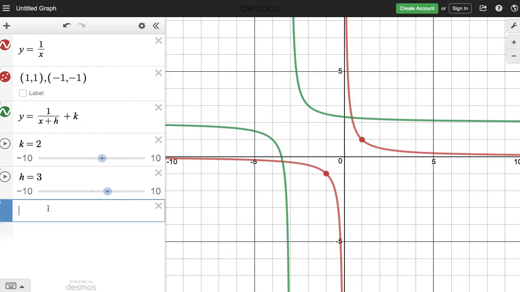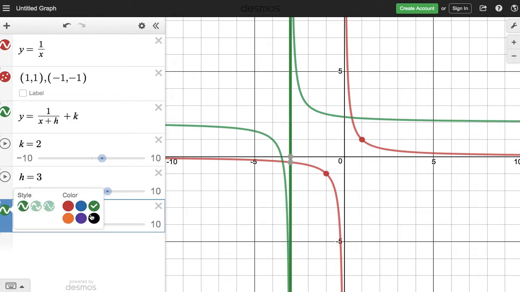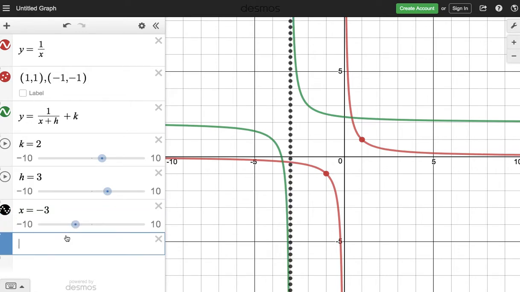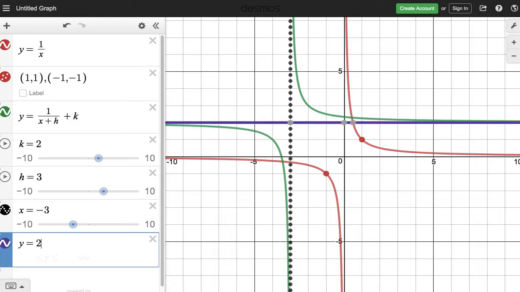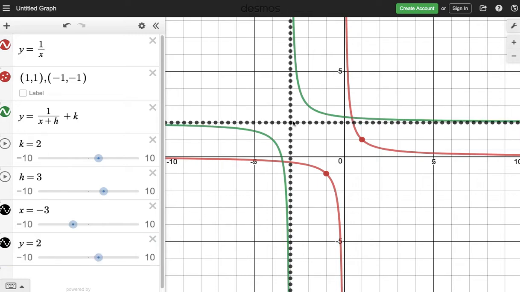Where the asymptotes will fall would be x equals negative 3, and that's because you've shifted your graph left 2 units. And then there would also be a y equals 2, and that's because you've shifted your graph up 2 units.